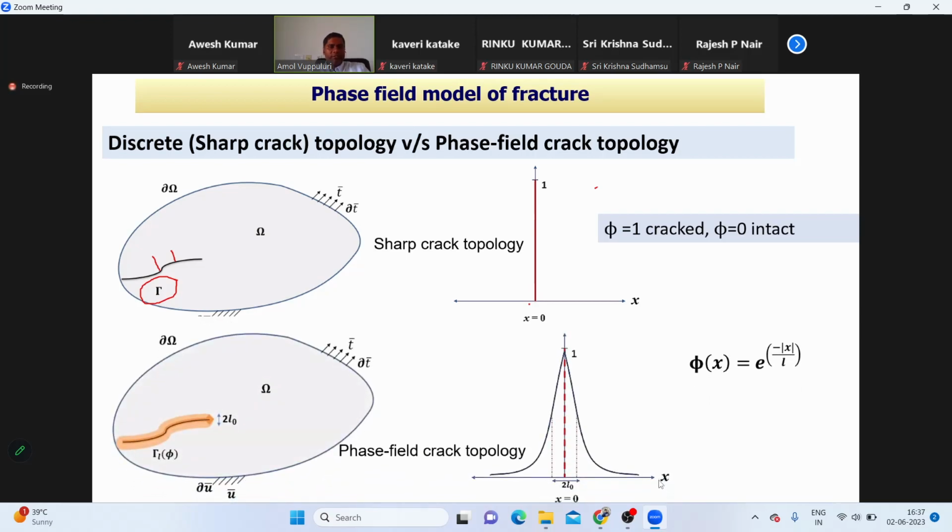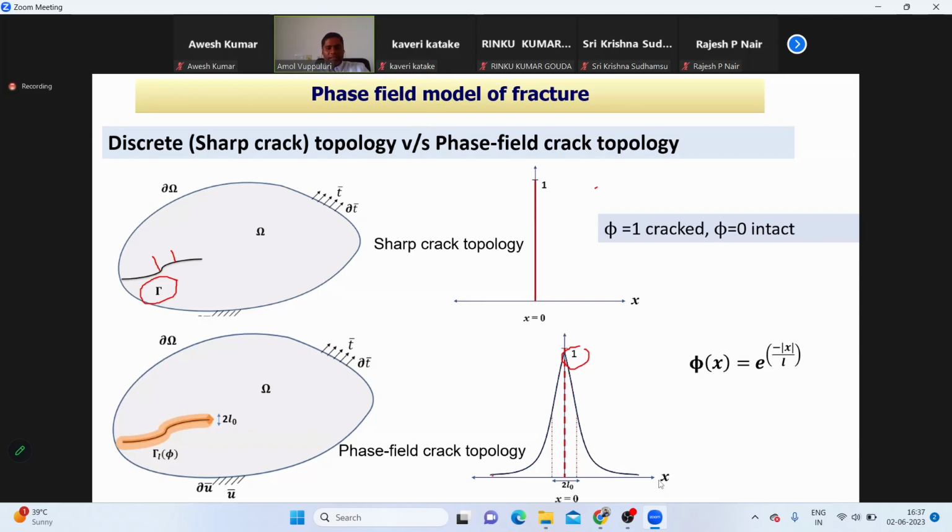On the other hand, if you look at the phase field model, it introduces a smeared interface where you have phi equal to 1 representing a complete damage, and phi equal to 0 which is representing the intact form of material. However, the transition of the complete damage to a complete intact material is fairly smooth.